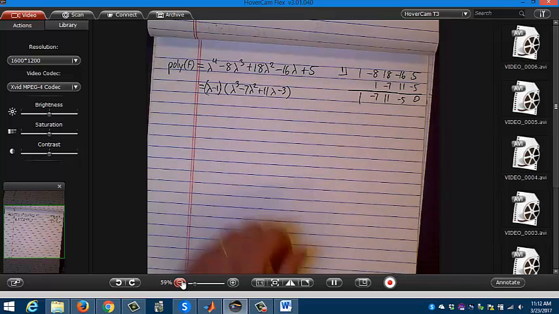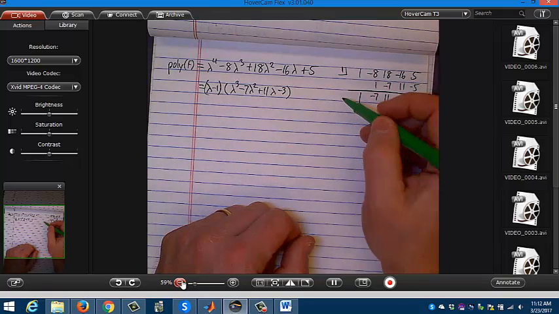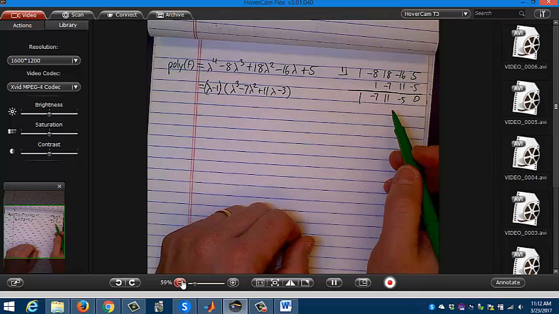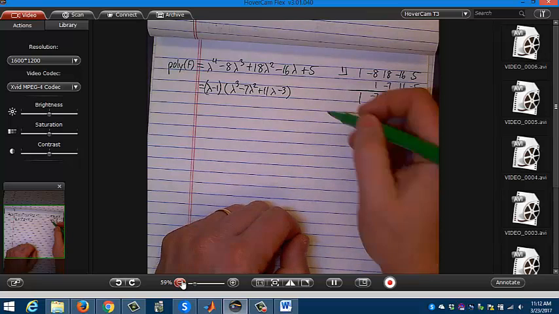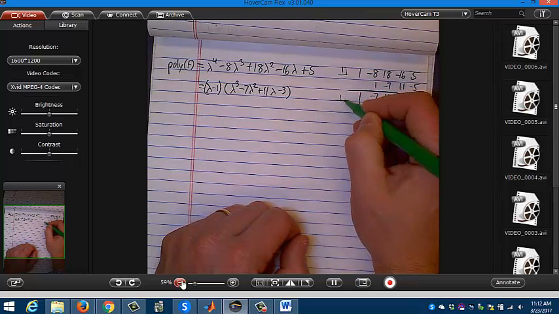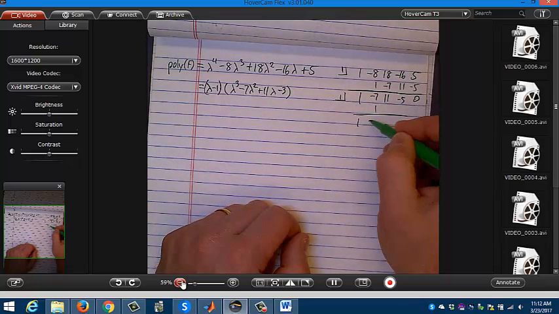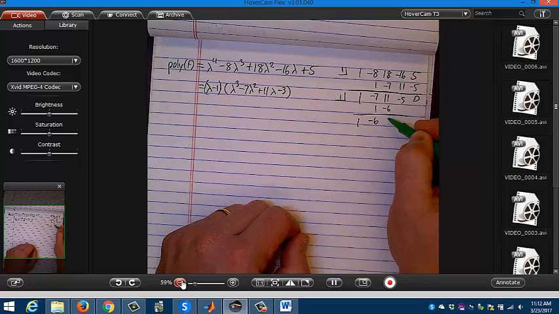Well, you can actually keep going because lambda equals 1 can be taken out again. So I could divide this by 1, and I think it comes out even. Let me just double check that. Yeah, I get another remainder of 0.